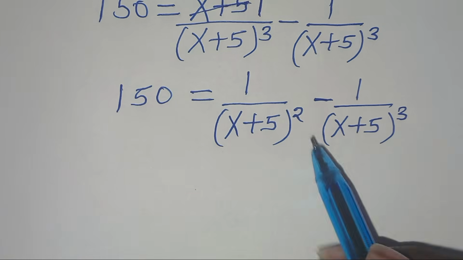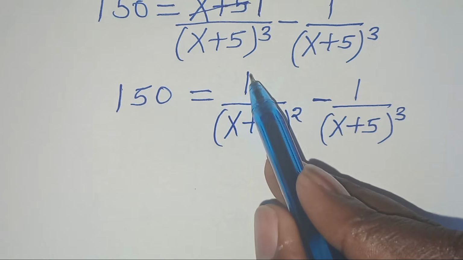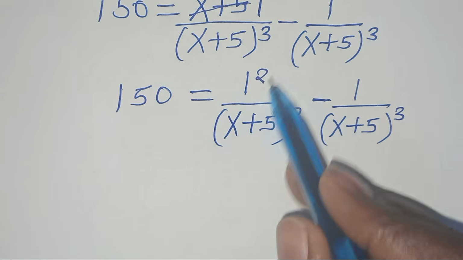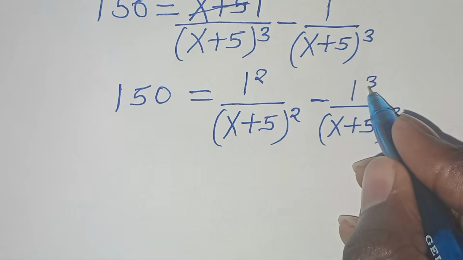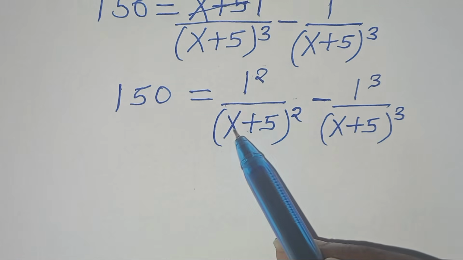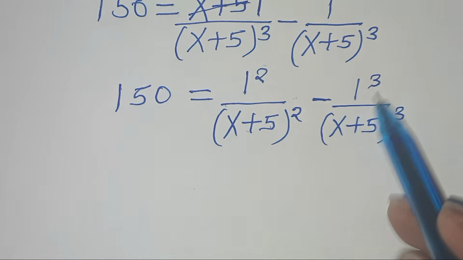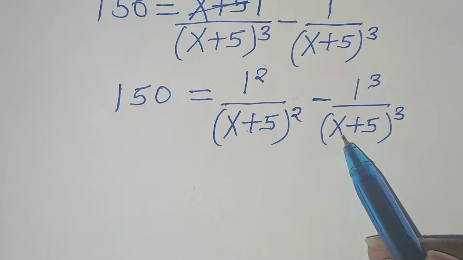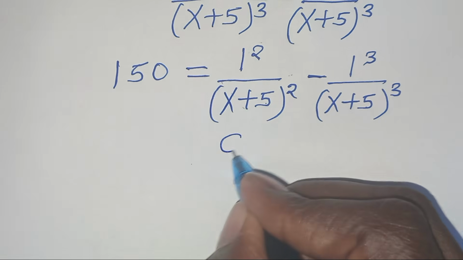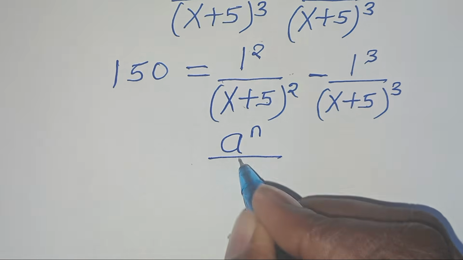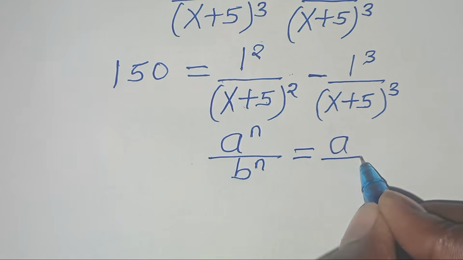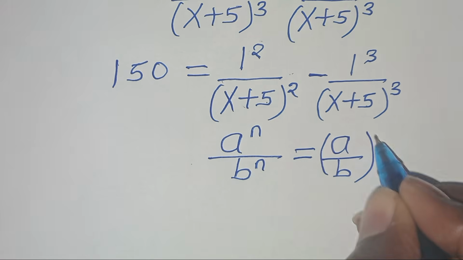Now the next step is that we can make 1 to the power of 2, this is the same thing as 1 squared is 1, 1 to the power of 3 is 1. So this means that 1 squared divided by x plus 5 squared and 1 to the power of 3 divided by x plus 5 to the power of 3. This is in the form of a to the power of n divided by b to the power of n, which we can express as a over b raised to the power of n.